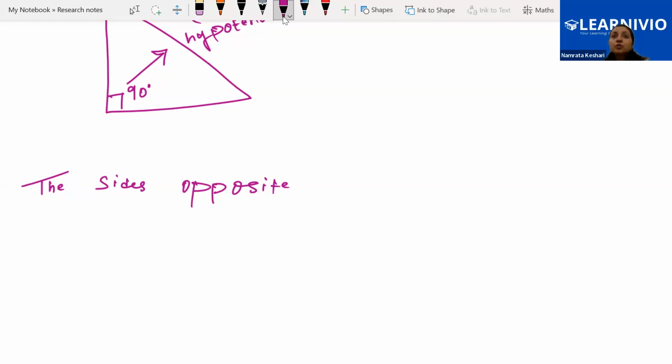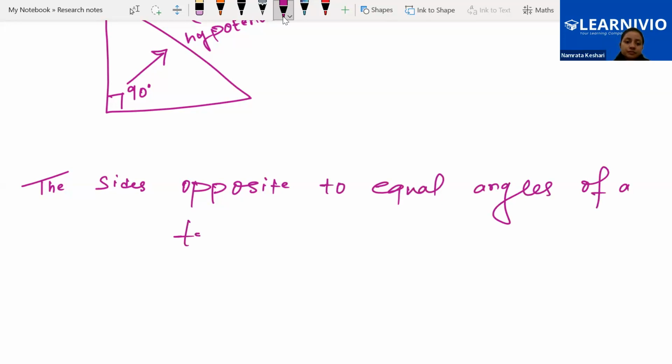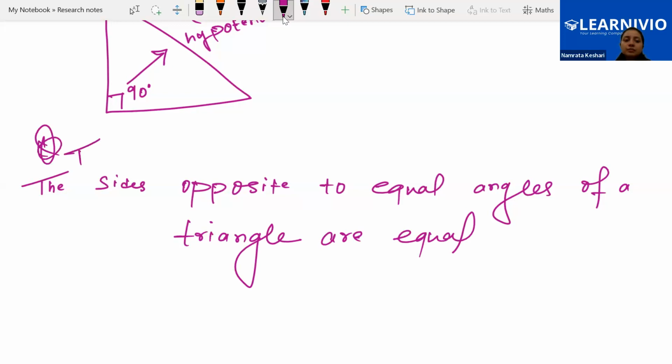Okay, so don't think that we have to prove it. Let me write it first. The sides opposite to equal angles of a triangle are equal. This is the theorem. We have to prove that sides are same.